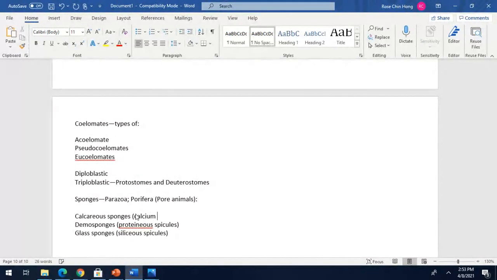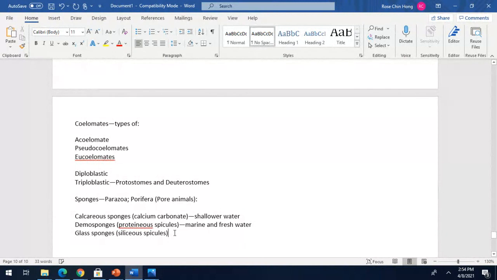It's kind of hard to remember. So this is made of calcium carbonate. Remember when we had the foraminiferans, calcium carbonate? So this kind of calcareous sponges will be in shallow water, and that's marine. And this here could be freshwater, marine and freshwater.